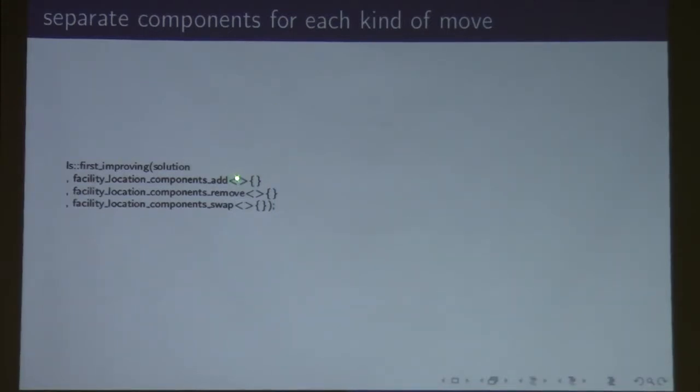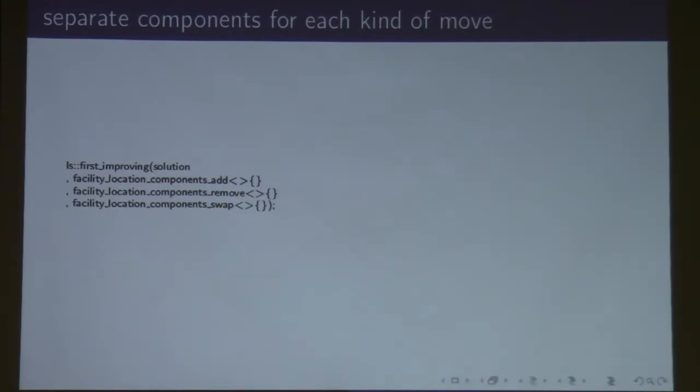So now we've got components for add, and this one here just contains these 3 functors, the same as before, but assuming that the move is add. And our first improvement is just a variadic template, which is supposed to do it efficiently.